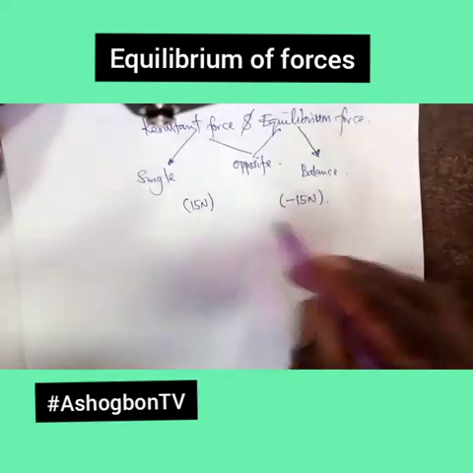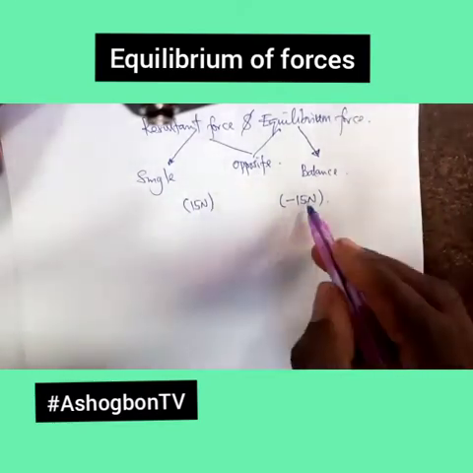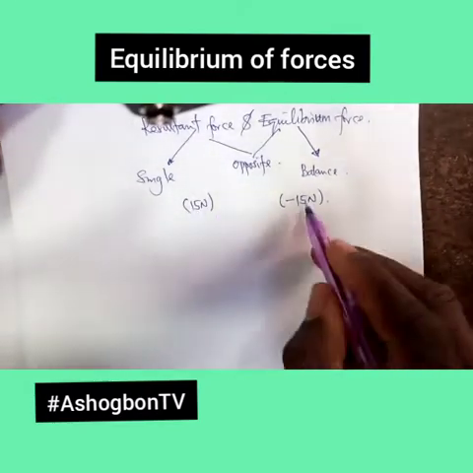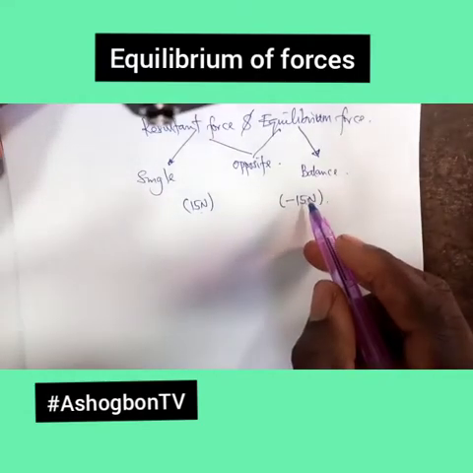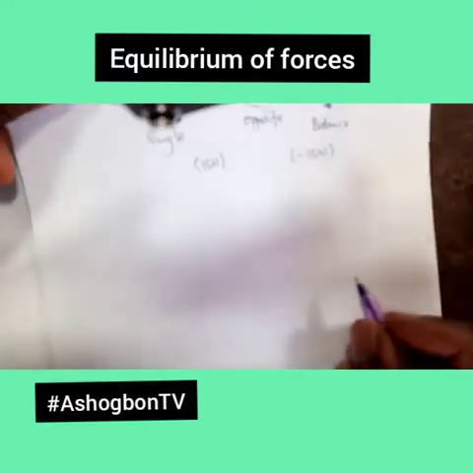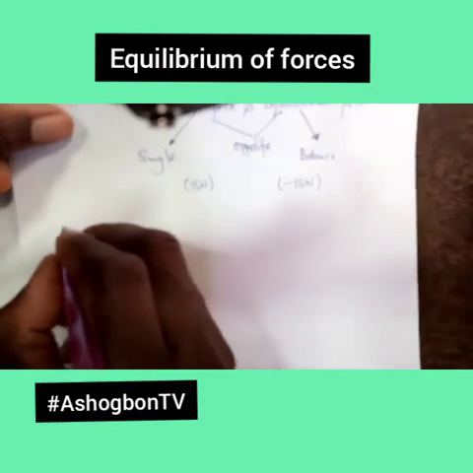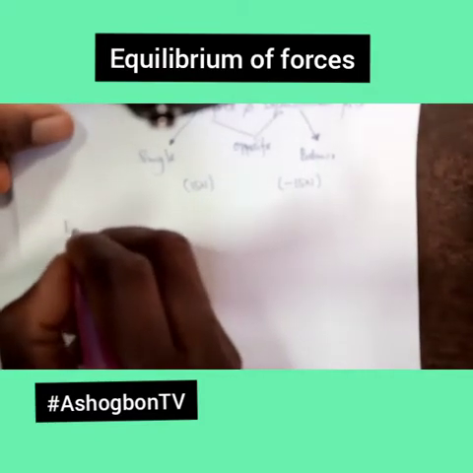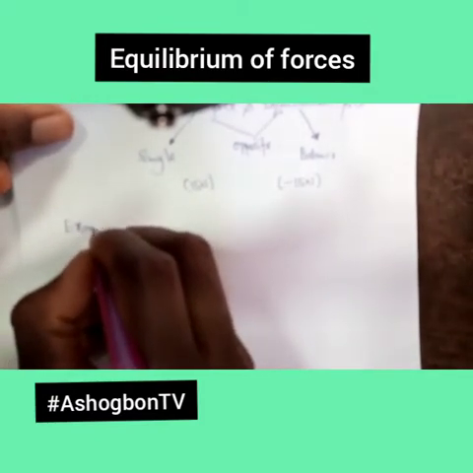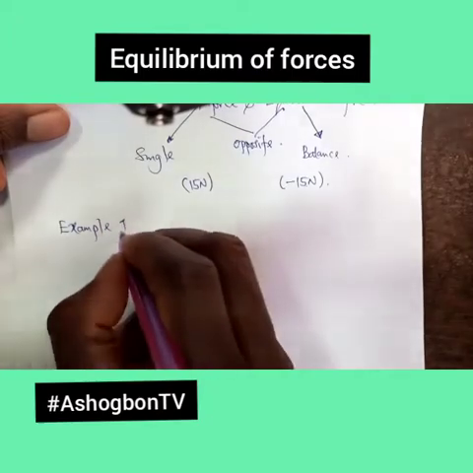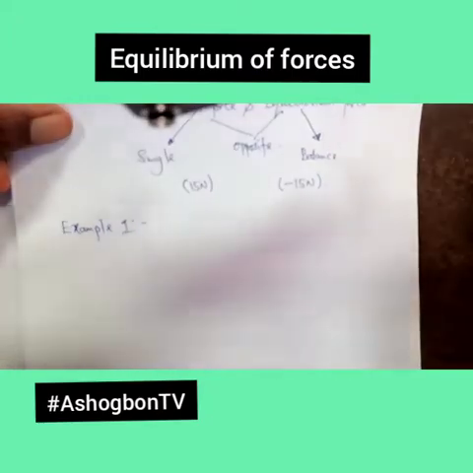That is to say that they are moving in different directions, but they have the same magnitude. Now, I'm going to be supporting that with a question. So we have example 1. So I'm going to be writing that now.